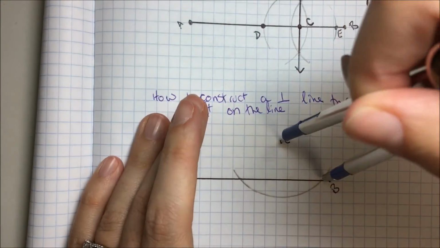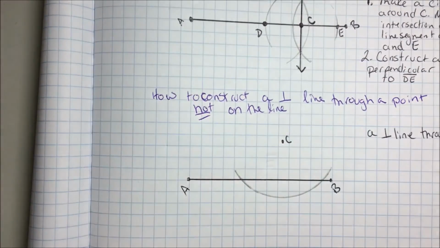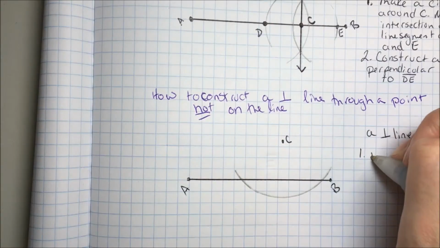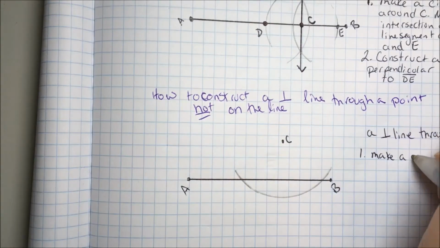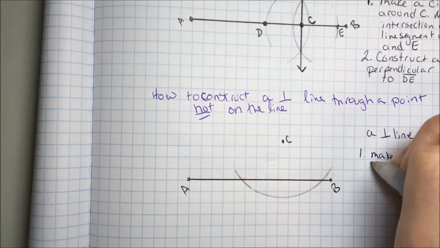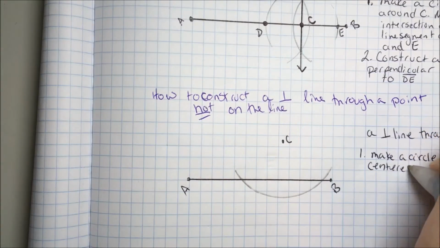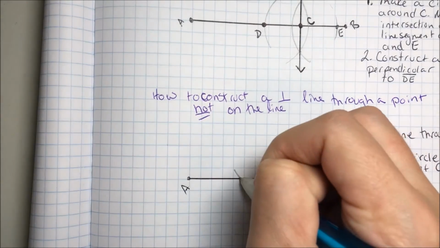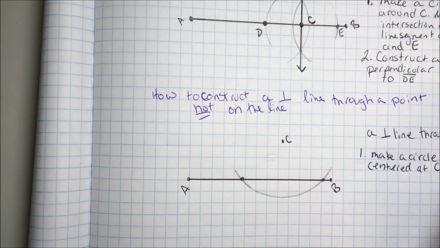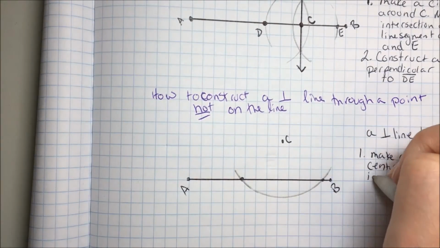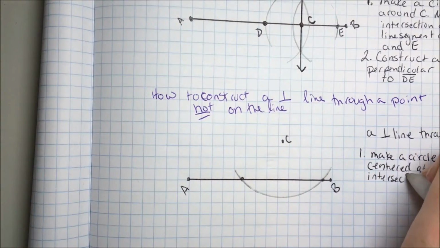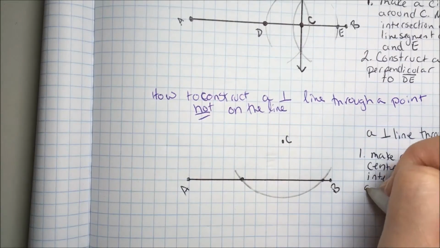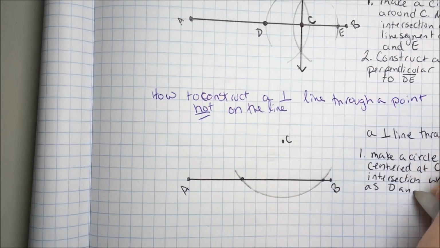There we go. See that? Okay. So, again, make a circle centered at C. And I'm going to mark the intersection with AB as D and E.